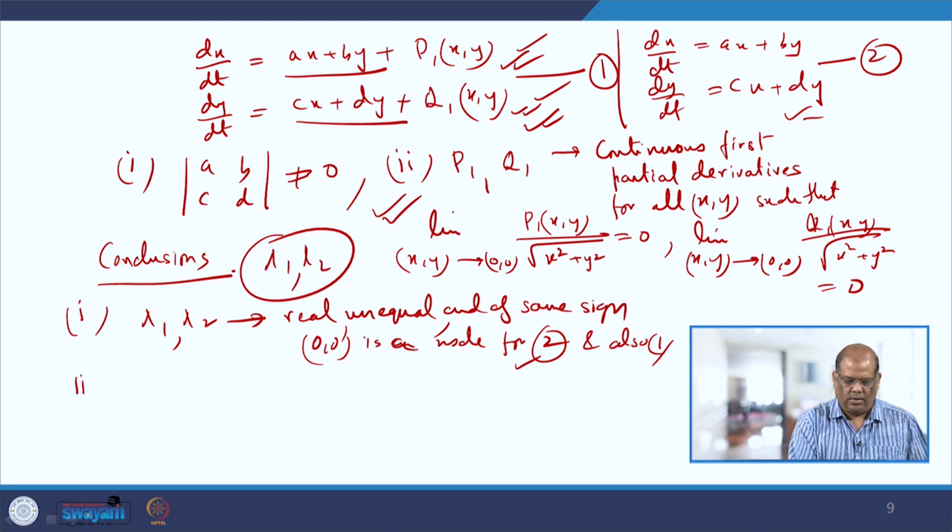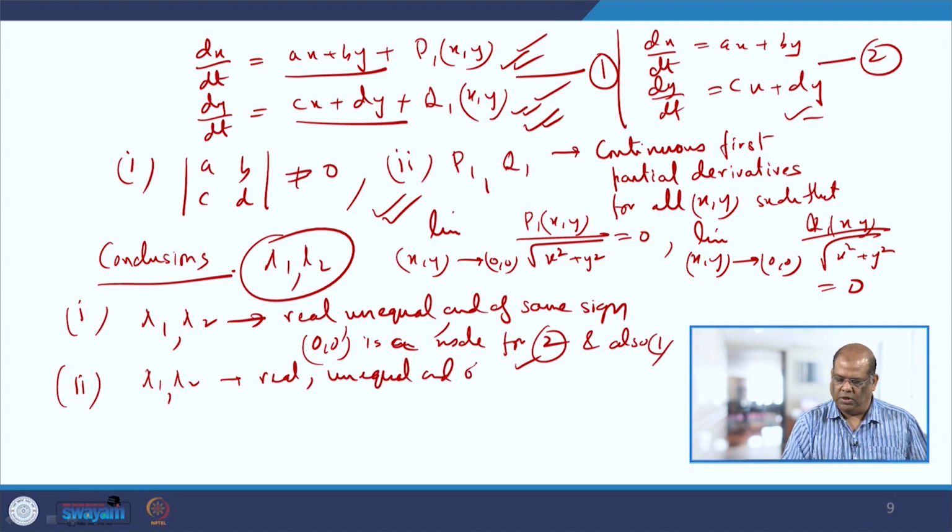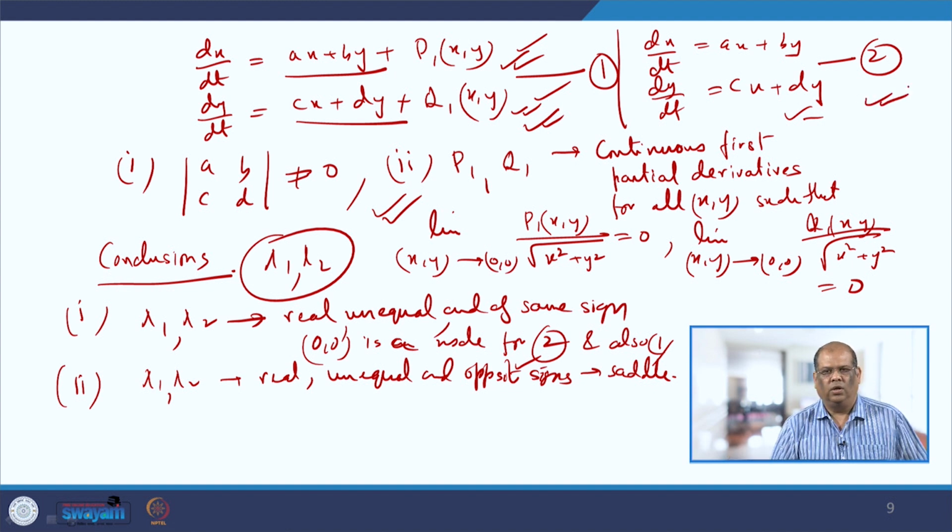The same thing is true if they are real, unequal and of opposite signs. In that case you get a saddle. So, if your 2 shows that it is a saddle, it is also a saddle for your system 1.